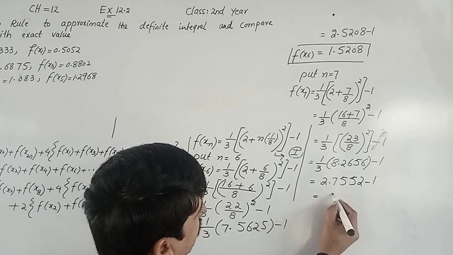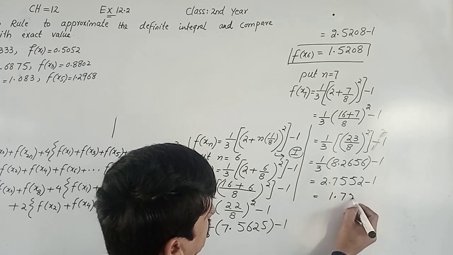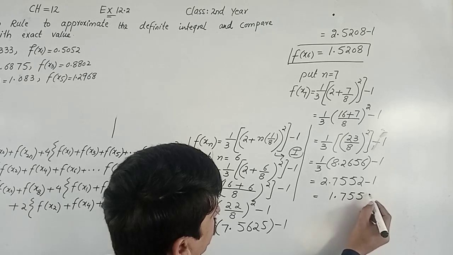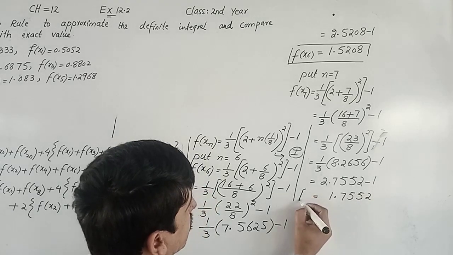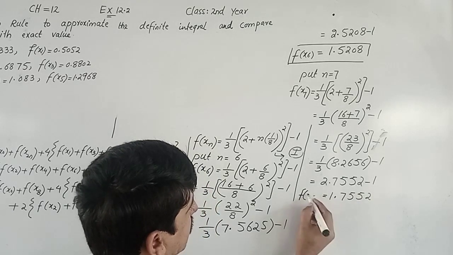So we get 1.7552, and this is the value of f of x7.